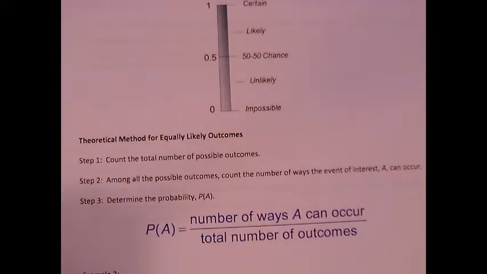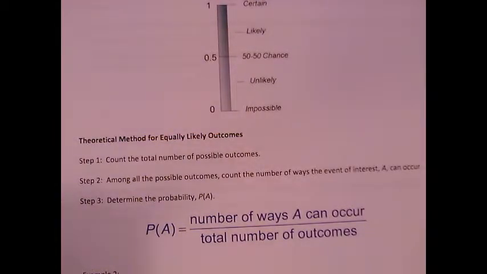And then step 3, determine the probability, which is going to be P of A. So the probability of event A occurring will be the number of ways that event A can occur divided by the total number of outcomes.